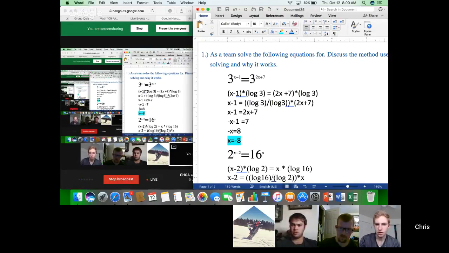Yeah, so you basically just did the log function, then you put everything in log 3 and made the exponents x minus 1 and 2x plus 7 the base of the equation. Yeah, makes sense. It was just a log 3 over log 3. The log pulls that exponent and puts it in front.